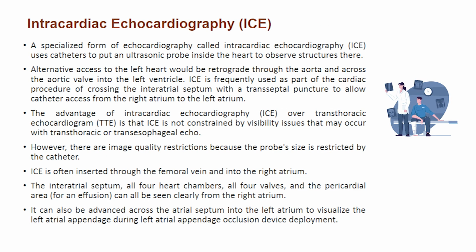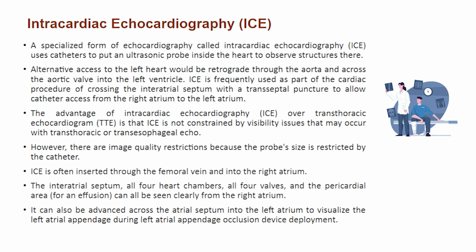Now, I will talk about intracardiac echocardiography. In brief, it is called ICE. A specialized form of echocardiography called intracardiac echocardiography uses catheters to put an ultrasonic probe inside the heart to observe structures there.